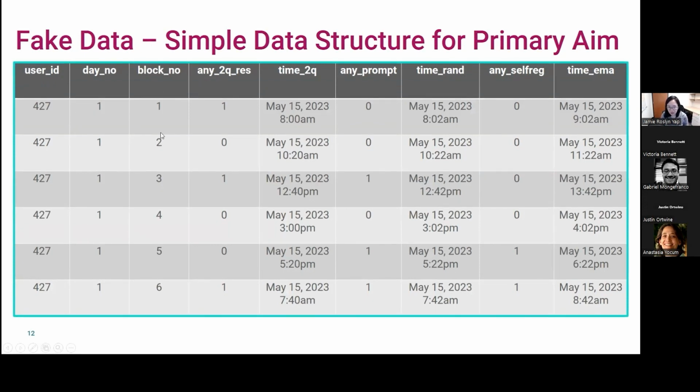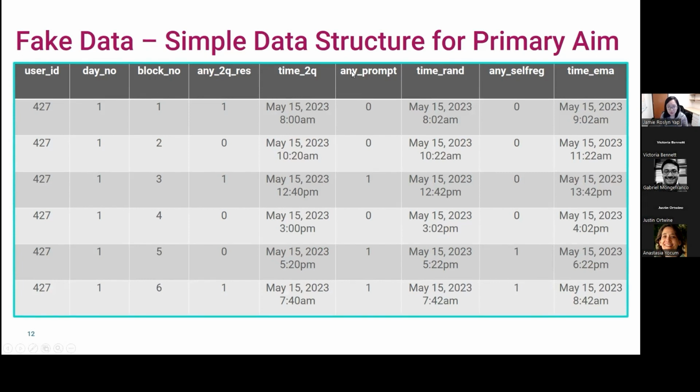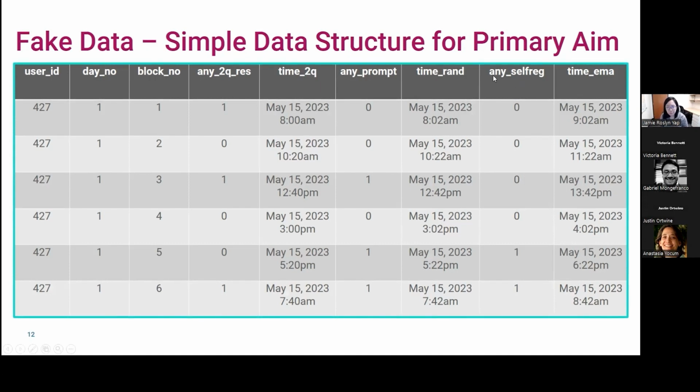Then day, what block it is, and your indicator for whether the short survey was completed, the time at which it was completed, whether or not the individual was micro-randomized to receive any type of prompt versus no prompt, the time the micro-randomization happened, whether or not they reported engaging in any self-regulatory strategies, and the time when they completed the EMA. So there's nothing scary about this.